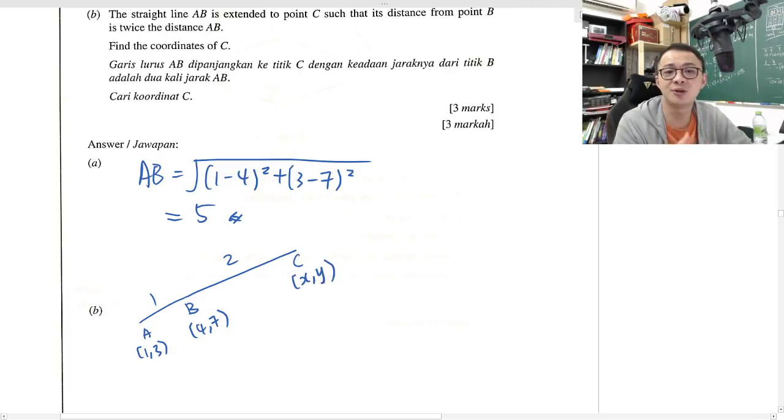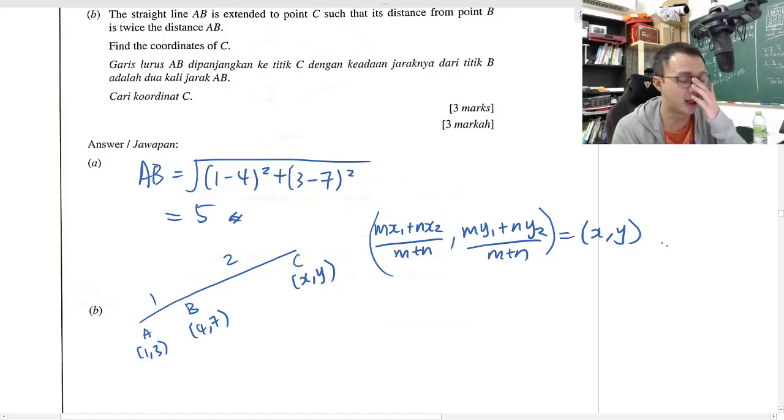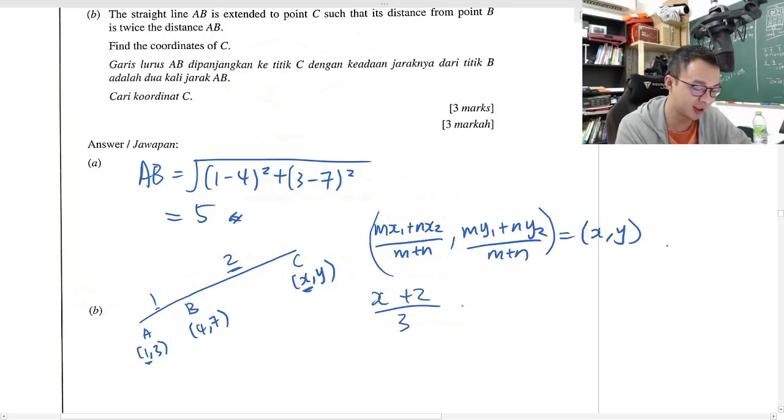Alright, so you just use the ratio formula. Just in case you're not sure, it's mx1 plus nx2 over m plus n, comma, my1 plus ny2 over m plus n, equals x, y. This is basically the formula I'm using here. X is going to multiply 1 to become x, 2 is going to multiply 1 to become 2, over the total ratio 1 plus 2, which is 3, equals the x coordinate, which is 4.